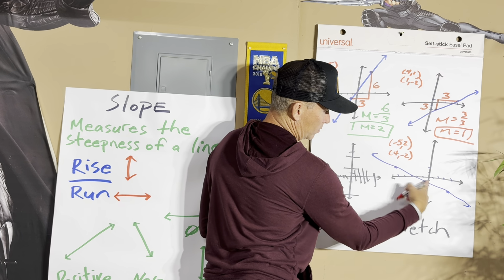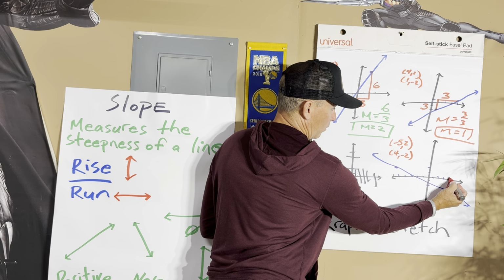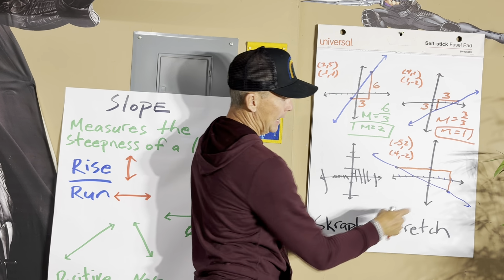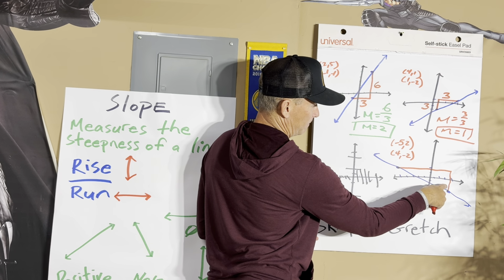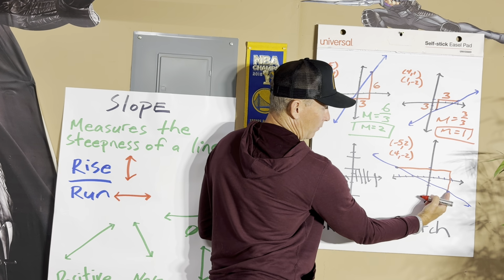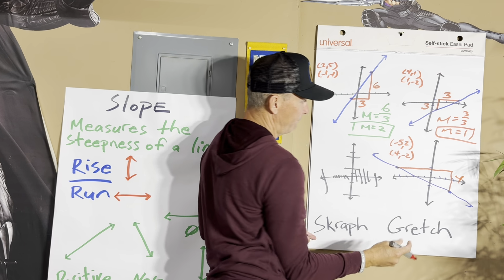So this right here was 4, 1, 2, 3, 4. So we have to go up through 4, and then over on 2. From here to here was 2, and then from here to here was 2. So that actually rises 4, or you just count. 1, 2, 3, 4. The rise is 4.